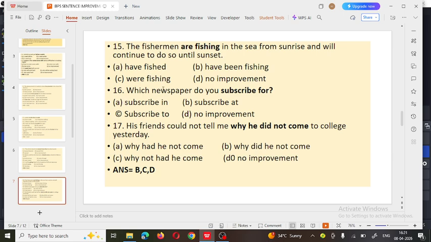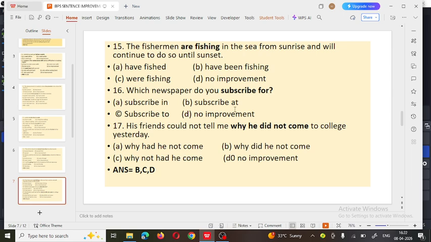Next. Which newspaper do you subscribe for? Now we are talking about the newspaper. Is subscribe for appropriate? Subscribe in, subscribe at, and subscribe to: these three options are given here.